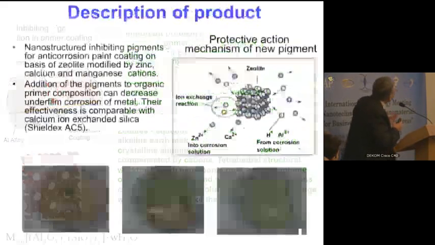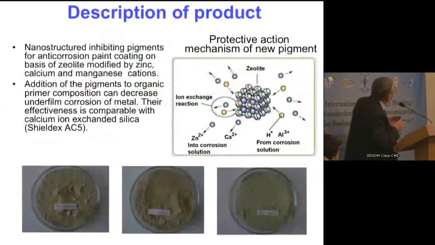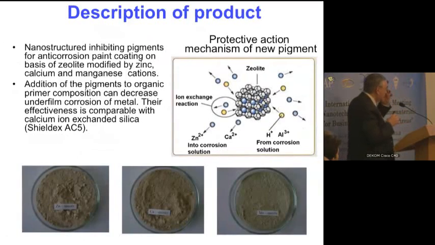As a result, we have obtained these new pigments modified by zinc ion, calcium, and manganese. There are 3 options, although we can expand the list. And they have indeed an anti-corrosive effect.